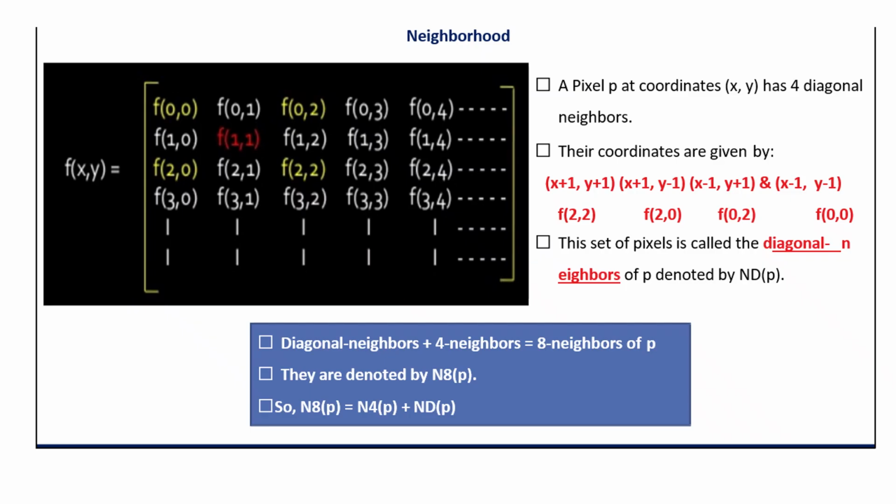So this set of pixels is called the diagonal neighbors of P, and they are denoted by ND of P. Diagonal neighbors plus 4 neighbors, totally we will have the 8 neighbors of P. They are denoted by N8 of P. So N8 of P means 8 neighborhood pixels, which is the combination of 4 neighborhood pixels plus 4 diagonal neighborhood pixels.